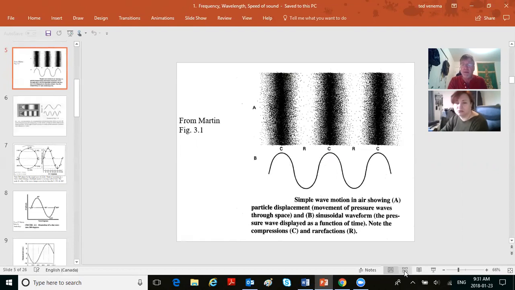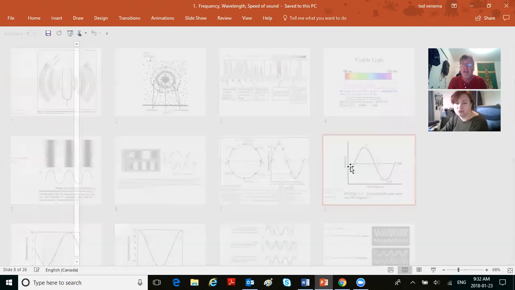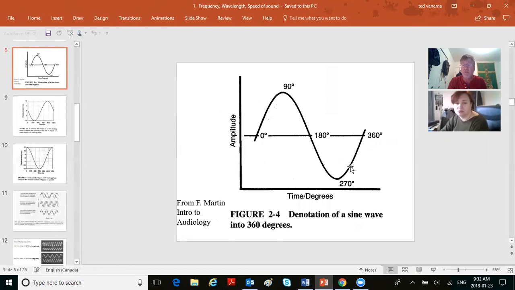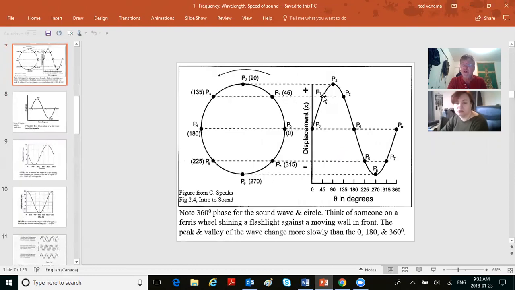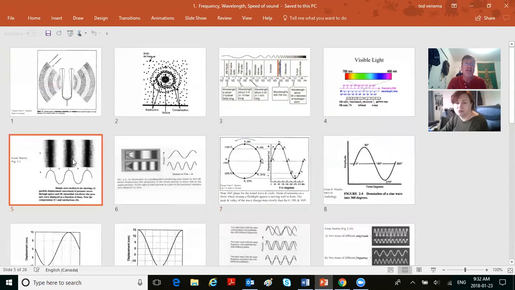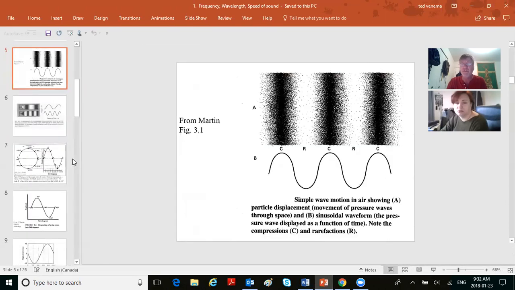It would probably be a wave looking more like this, or a wave looking more like this on the left. That would be more indicative of the sound wave that we draw of the actions that are actually taking place in the atmosphere with atoms. That's all I care about. Who cares? Let's go to page 2. Not going to ask that anyway.